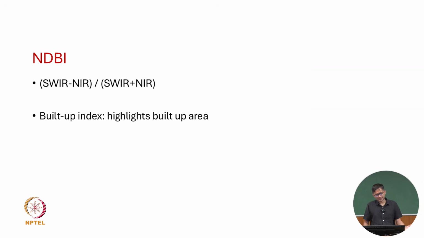So if you're reading a particular piece of literature where they show a different version of the water index, don't get surprised. It could always be the case that we are referring to a particular sensor which has some more specialized bands. As I said, the NIR or the SWIR can be fragmented, so we can have NIR 1, NIR 2. Then you actually choose between them, which one to use.